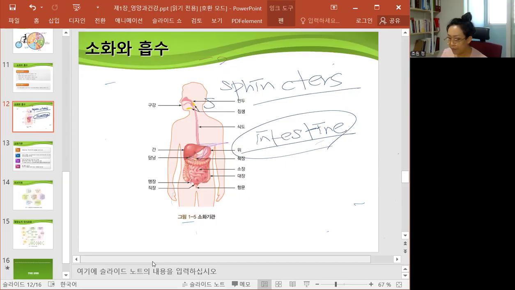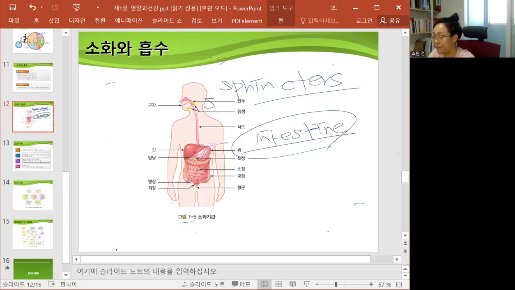To sum up the main points, the stomach is a muscular bag. It mixes food with gastric juice.